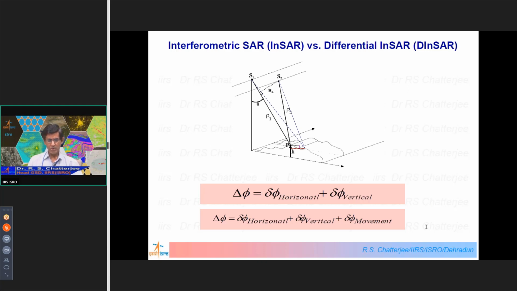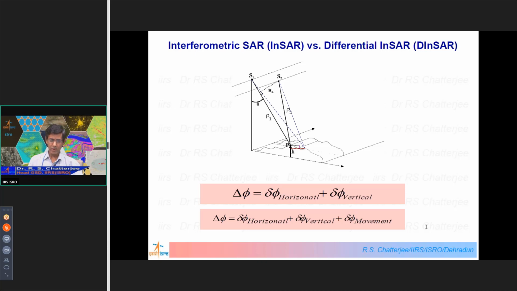Now in the case of interferometric SAR, basically what we do is calculate the phase difference between the two SAR images for the same point or for neighboring points. If we consider the phase difference of two neighboring points, this is the phase difference due to the height of those points and the horizontal distance of these two points.